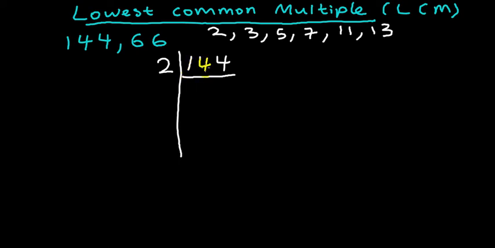Okay, 2 in 14 you get 7. 2 in 4 we have 2. Okay, 2 can still go, so you write 2 there, put a line below 72. 2 in 7 you have 3. Remember 1 you take to 2, which makes it 12.